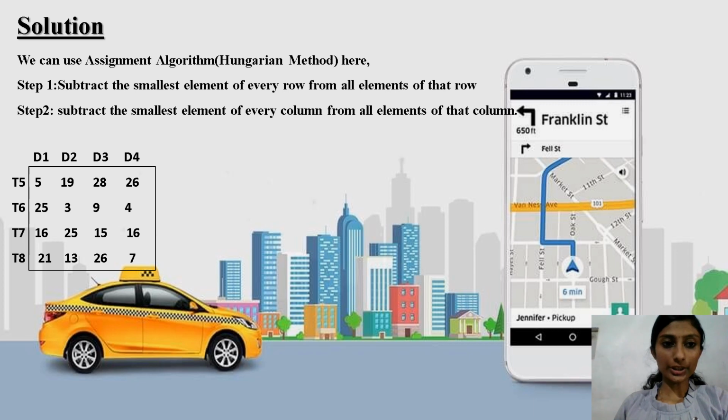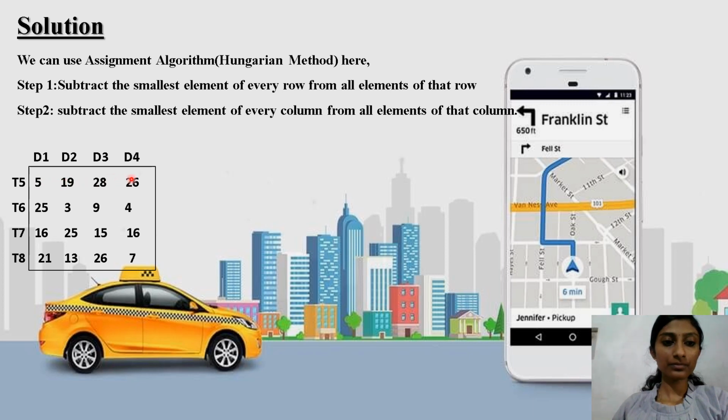We can use the assignment algorithm or Hungarian method here to solve this problem. Step 1: subtract the smallest element of every row from all the elements in that row. Here, in this cost matrix, the smallest element in this row is 5.